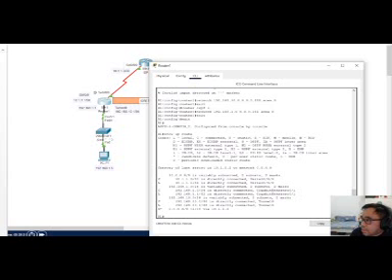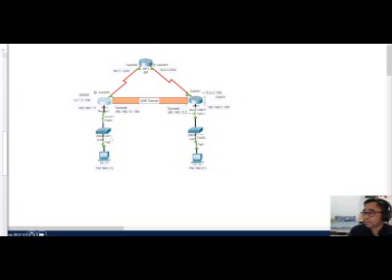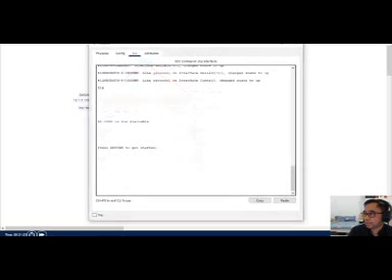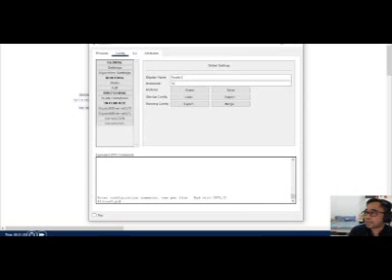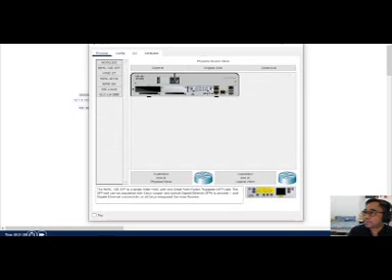Need to do gigabit. Okay, let's set the other one.